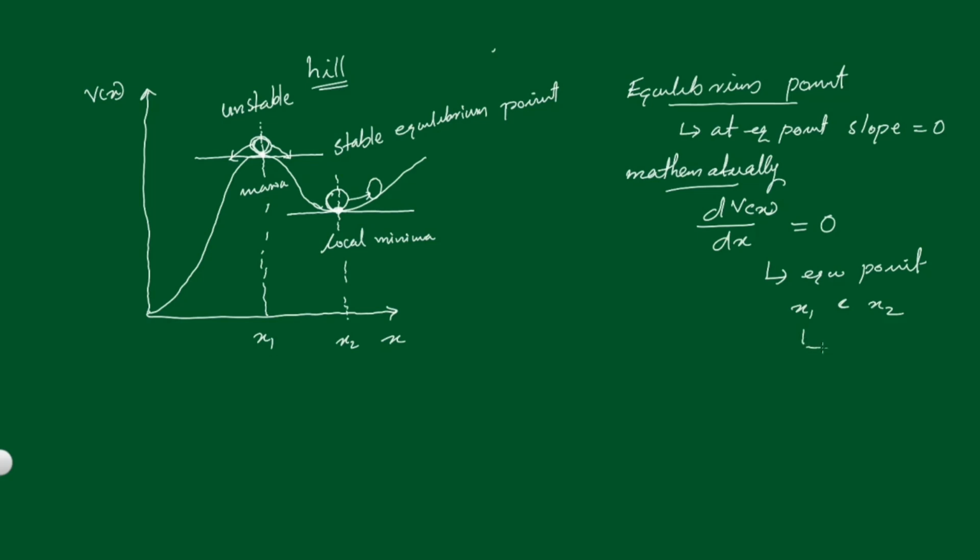Now we have to find out which one is stable and which one is unstable. So we need a mathematical expression for stability analysis. Expression for stability, that is what we are going to find out.